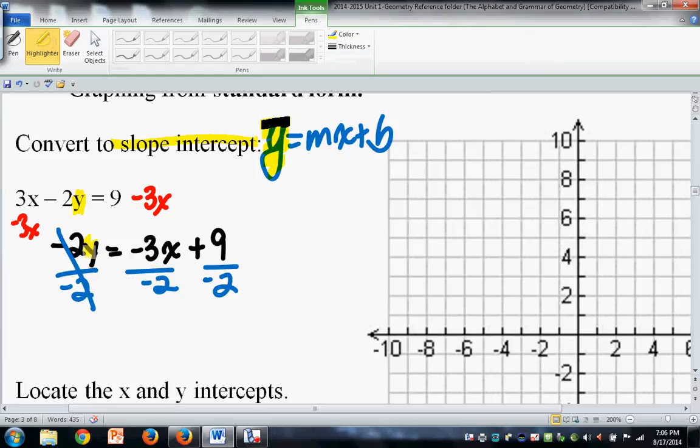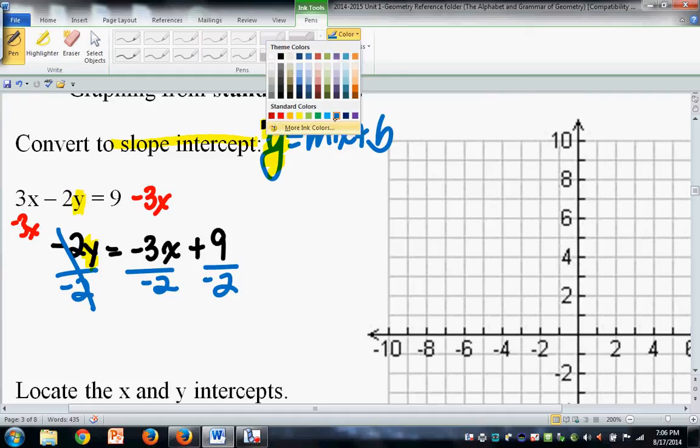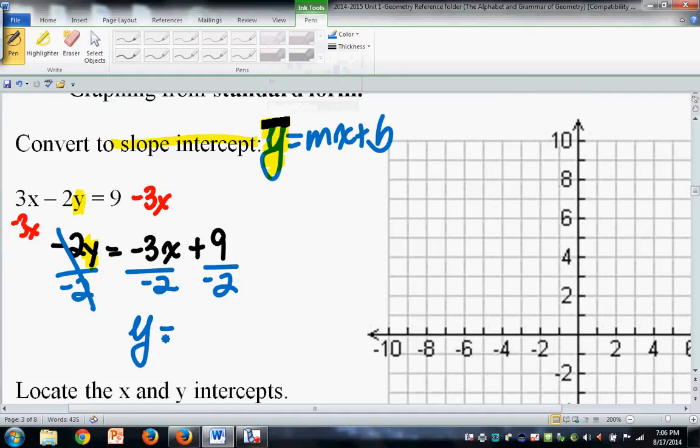Again, your goal is to get y by itself. So I end up with y equals, double negative makes a positive, 3 over 2 x minus, 2 goes into 9, 4.5 times.